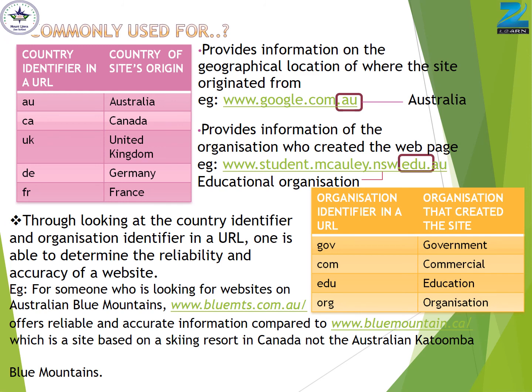For someone looking for websites on the Australian Blue Mountains, an Australian site offers reliable and accurate information compared to this. For example, if you go for .ca, then you will not get information about the mountains in Australia; that is a site based on a skiing resort in Canada. So you get the reliability also. You just come to know through it whether you are accessing a reliable website or not.